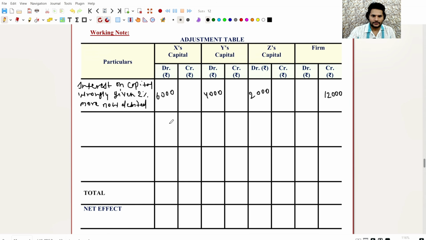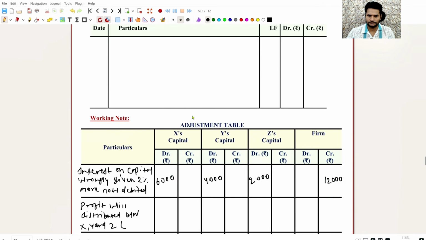Now the profit will be distributed between X, Y and Z. In what ratio?